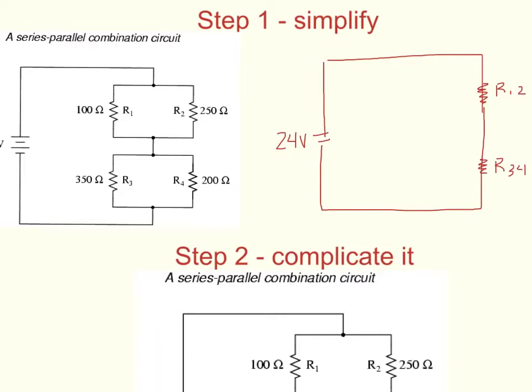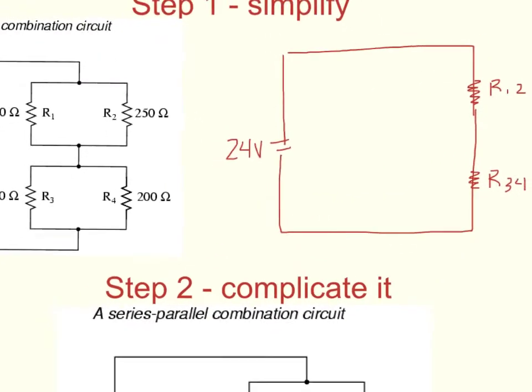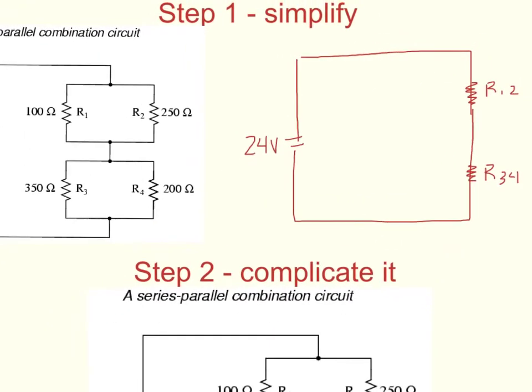Okay, let's zoom in on resistor 1, 2 so we can get a better idea of what its total resistance is going to be. We know from our discussions earlier that in order to solve for total resistance, when two resistors are in parallel, and resistor 1 and resistor 2 are in parallel, we have to use the equation 1 over RT equals 1 divided by R1 plus 1 divided by R2.